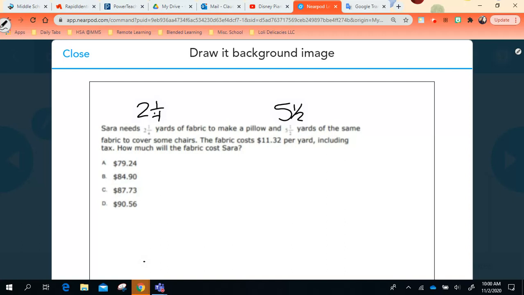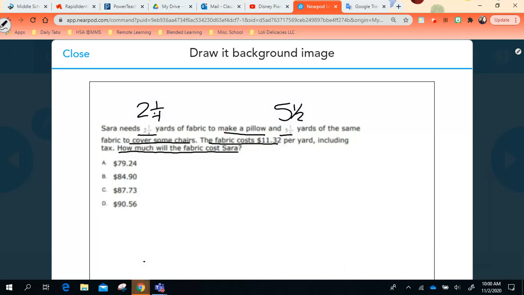She went to Joanne Fabrics. What do I need to do? She needs 2 1/4 to make a pillow, 5 1/2 to cover some chairs. The fabric costs $11.32 per yard.